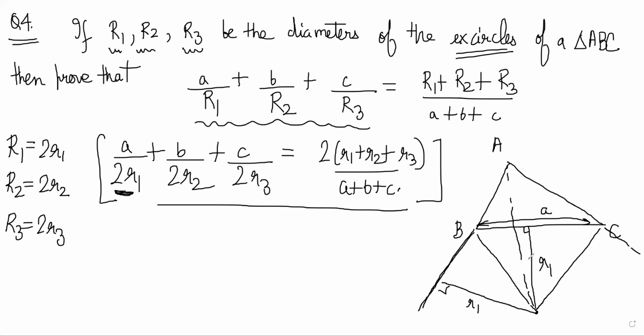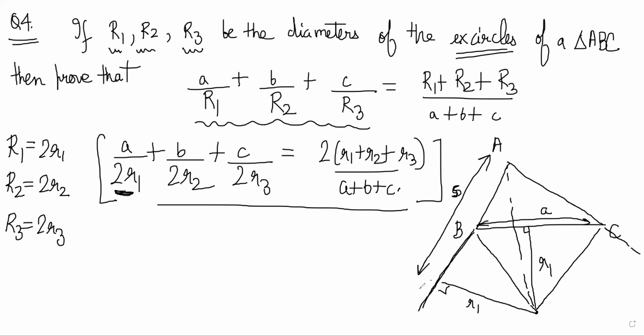So this side is a and this is my r1. I know that this whole thing is s, the semi-perimeter, no?